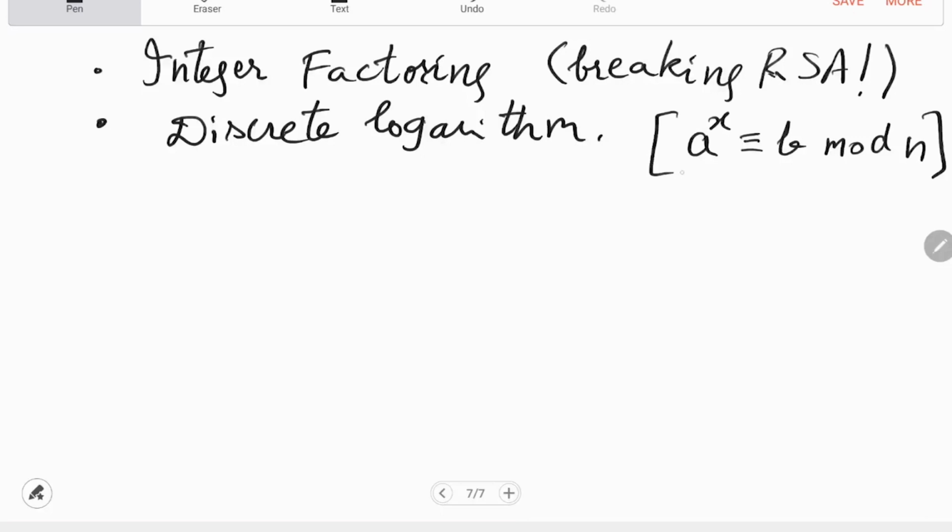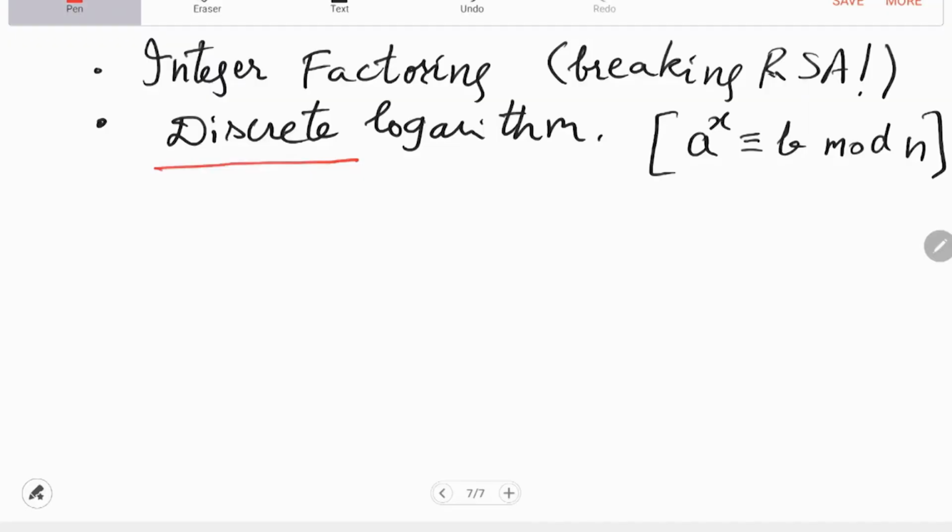So when you do this mod n, then that high school method doesn't work. It is illegal. Which is why this word discrete. So for this discrete problem, the only elementary method you can do is try out all x's.